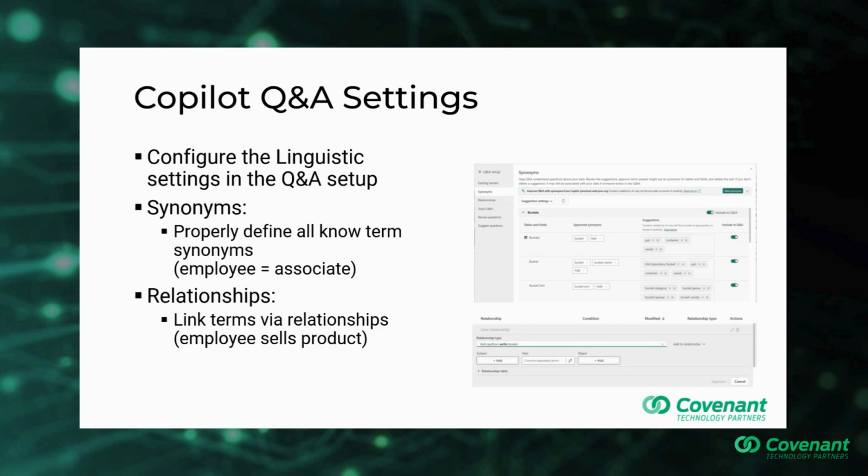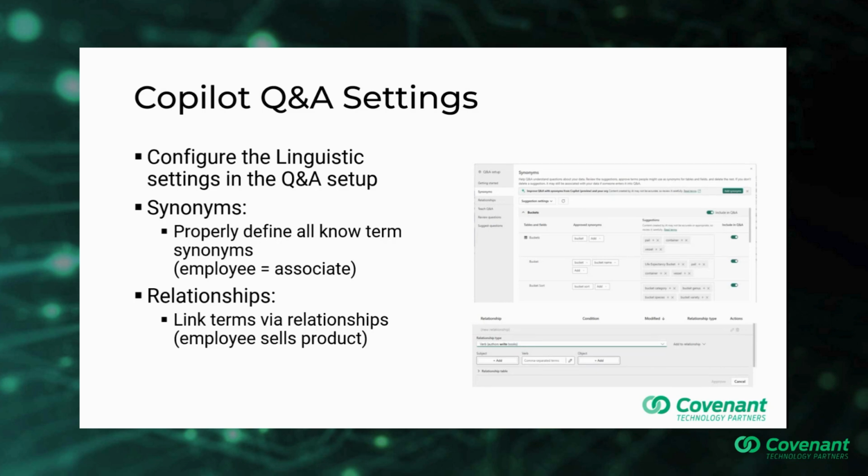So I am setting up a bunch of synonyms around my various terms that are in my data model. This corrects a little bit of the problem we talked about earlier, where you always have to use the language as it's described in the data set itself. This allows us to describe it in multiple ways. I can have many synonyms associated with a single attribute here.